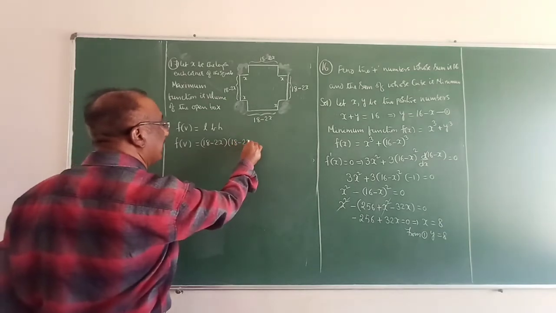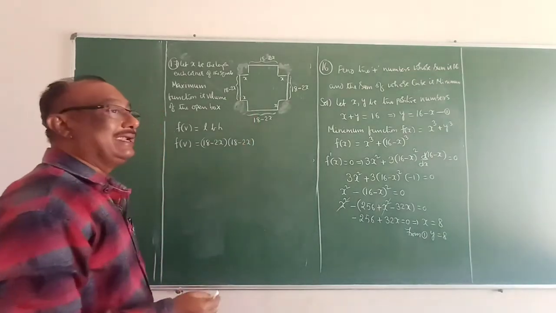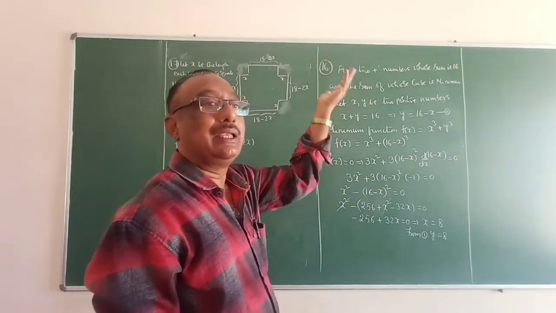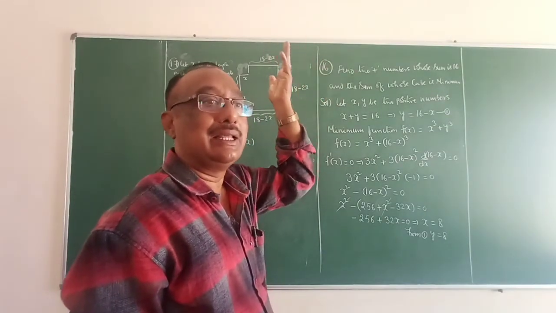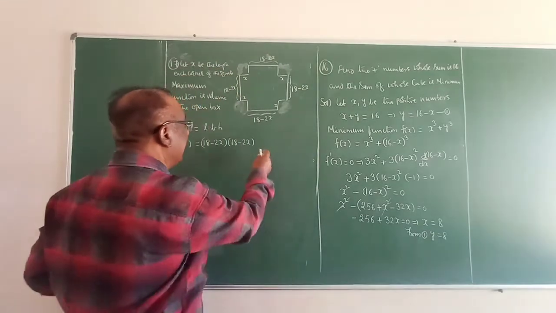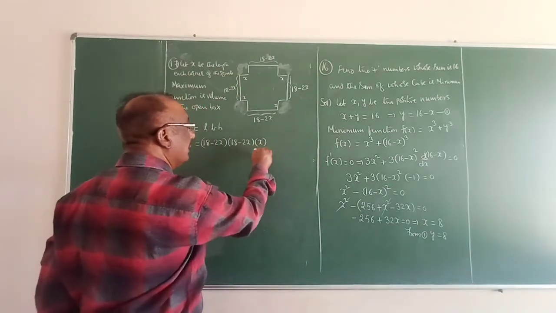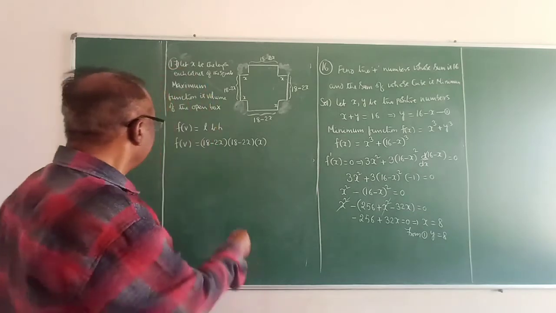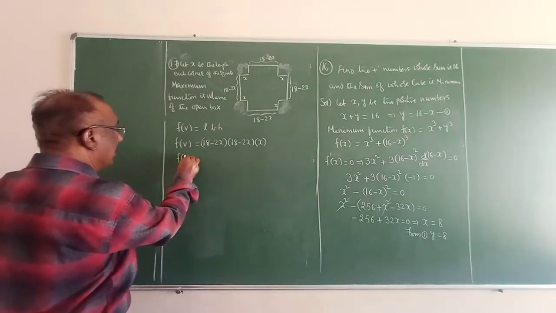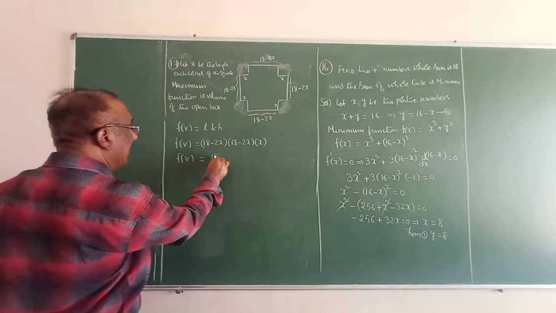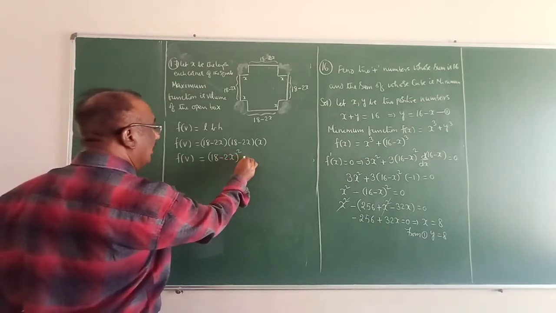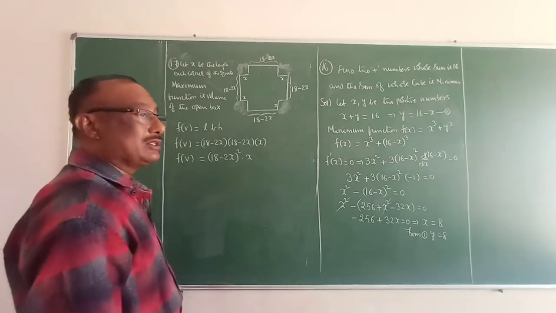Height is x, because the cut square folds upward, so height is x. Therefore f of x is equal to 18 minus 2x whole square into x.